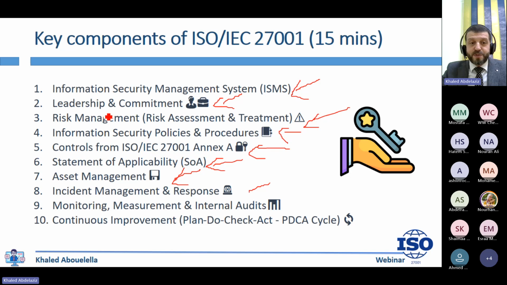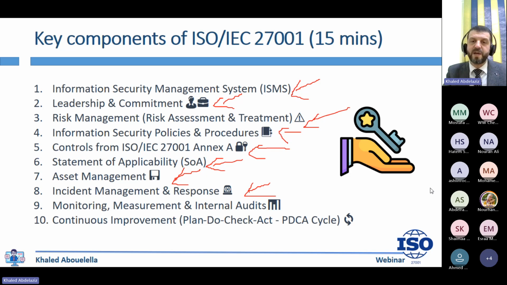Incident management and response. If you think about information security, you must establish a structured incident response plan in the beginning. So you should have a structured incident response plan to define the procedures step by step.